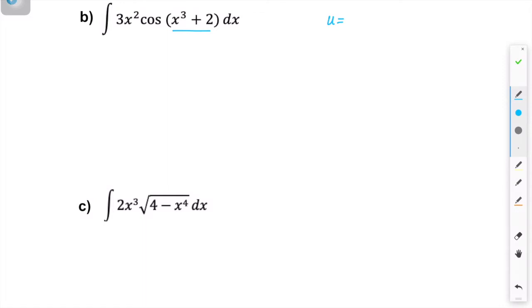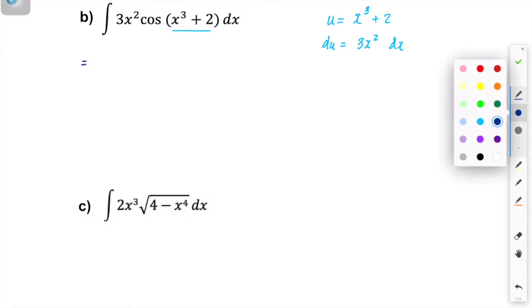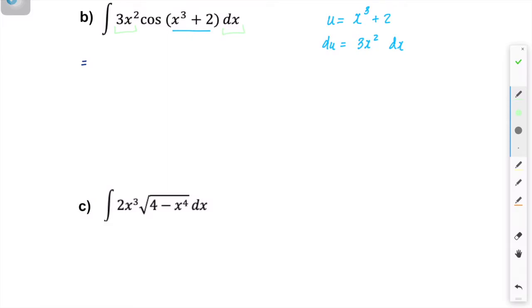what is its derivative? Seems to be useful, right? Because it is 3x squared. So du is 3x squared dx. Why do I like that? Because here we have 3x squared dx, which can be replaced by du.